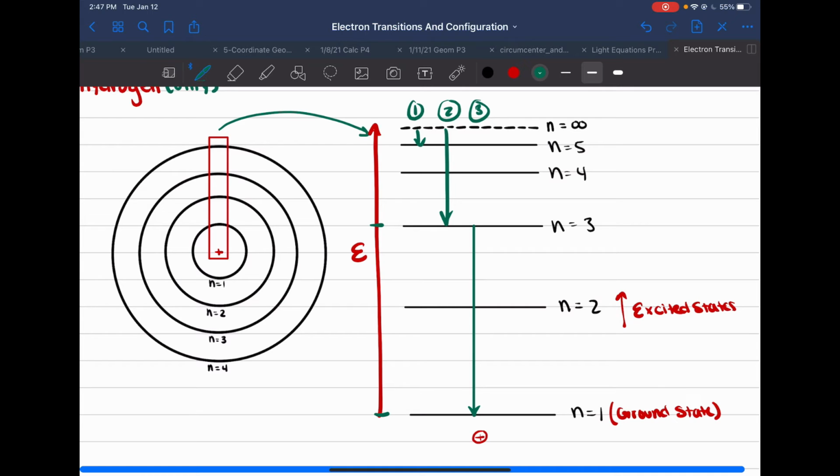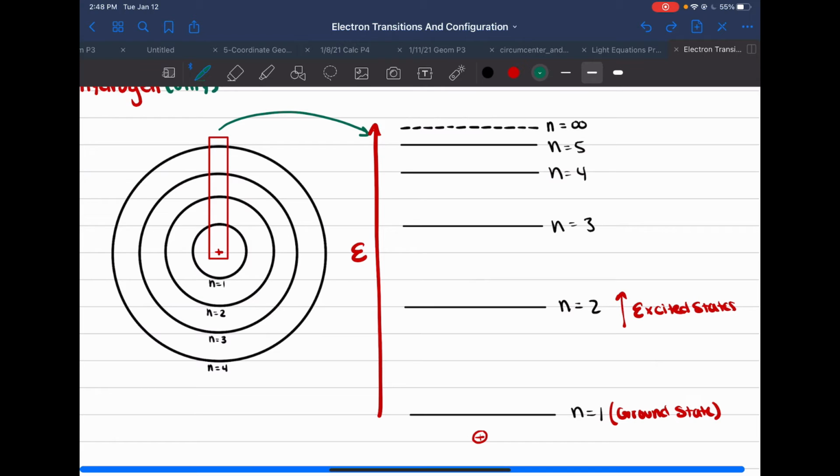To get off the couch is the hardest thing to do, but once you're off the couch, getting into the car, going to the store, all of those processes become easier, right? So n equals 1 to n equals 2 is the biggest jump. So if ever it incorporates n equals 2 to n equals 1, that is the biggest jump that you can take for an electron of a single electron element. Okay. Now last question here, and then we'll move on.